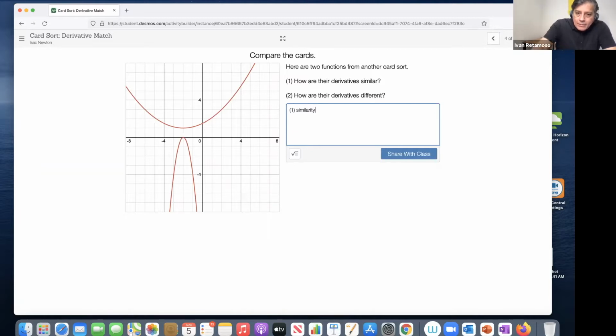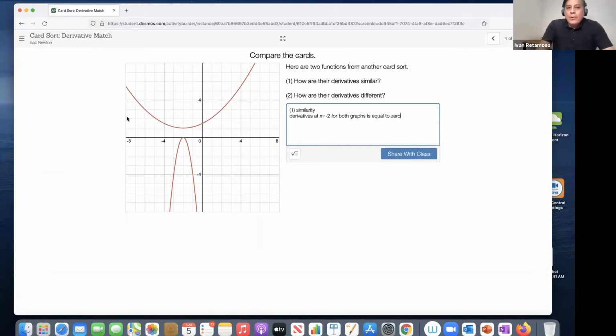You can write it any way you want, guys. Derivatives are, at x equals minus 2 for both graphs, equal to 0, right?